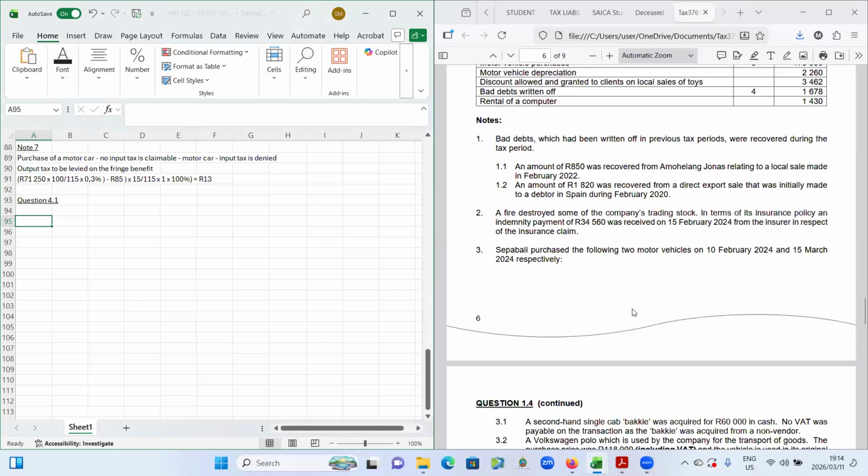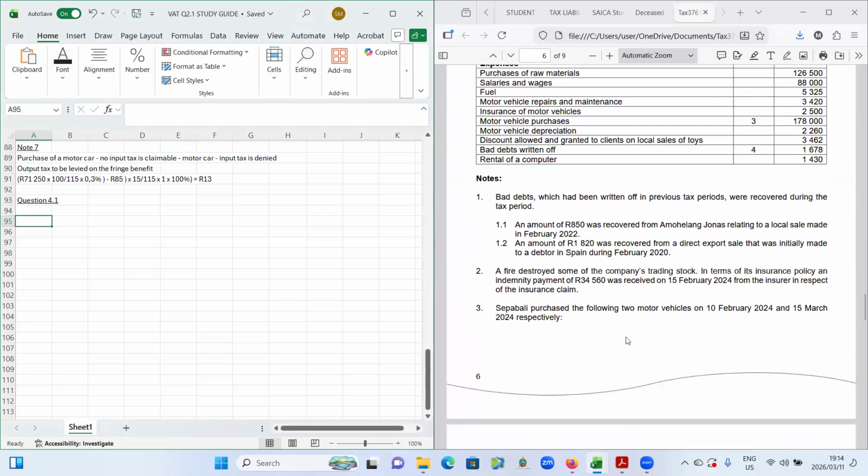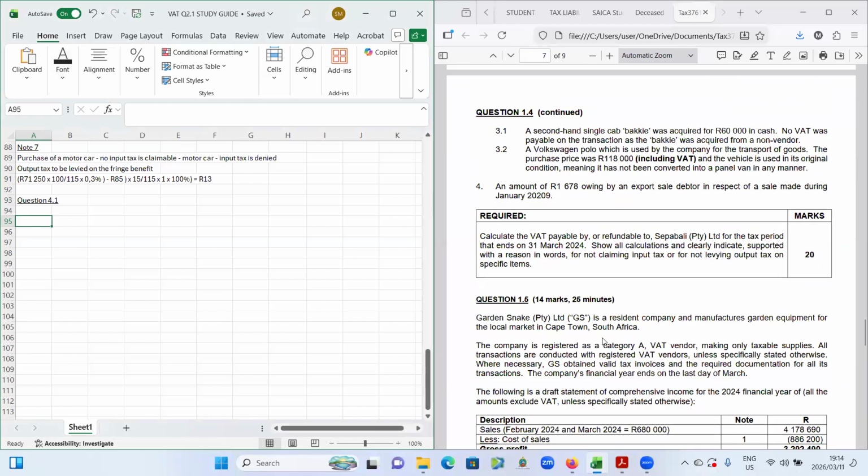First of all, let's read what we are required to do, what the question is all about.